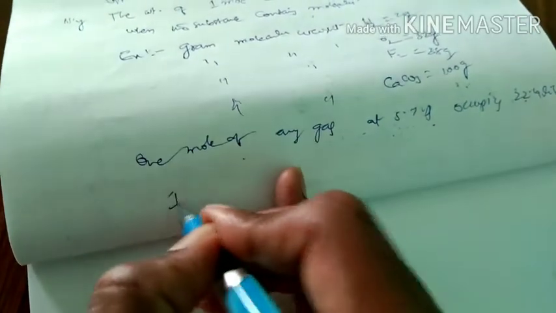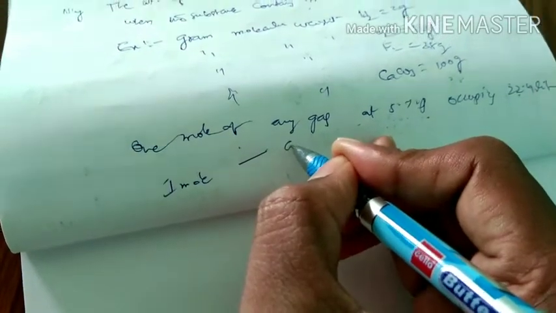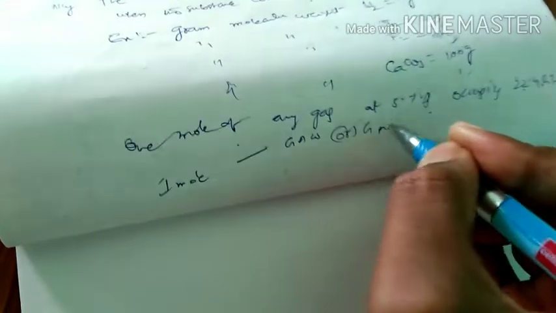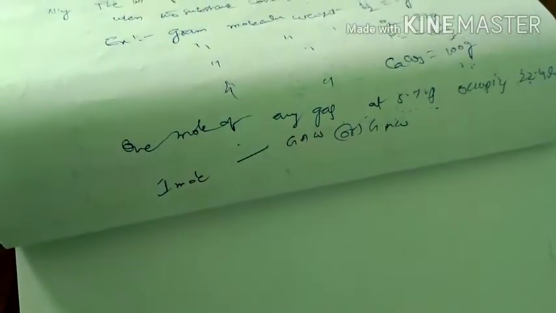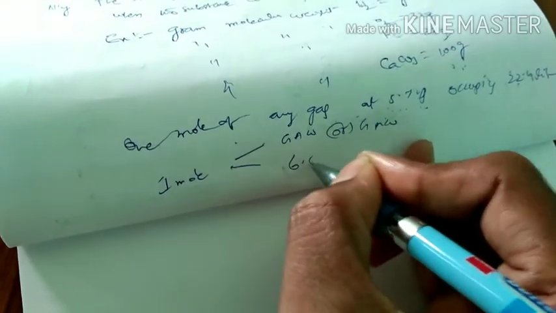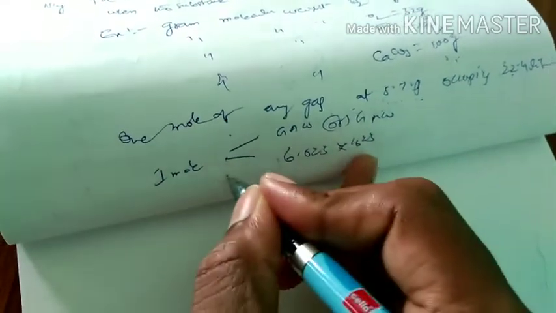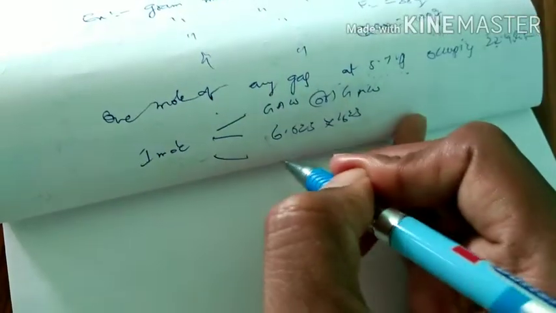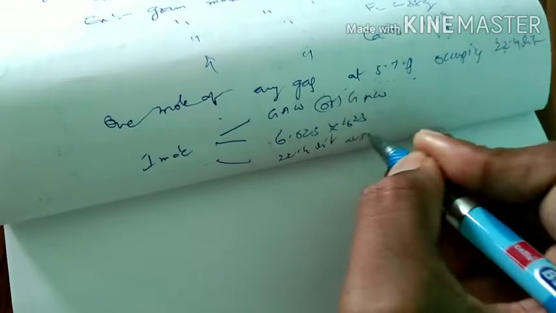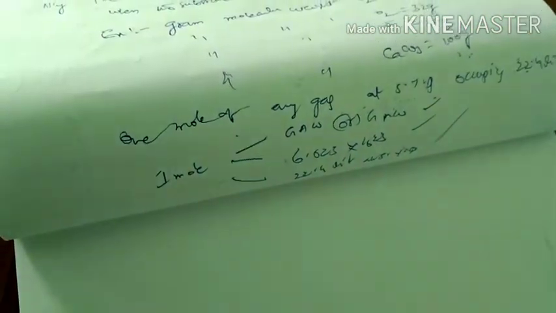So from this 1 mole equal to what? Gram atomic weight or gram molecular weight. That is one statement. 1 mole equal to what? Avogadro number 6.023 into 10 to the power of 23. Next, 1 mole of any gas at STP occupies how much? 22.4 liters at STP. These three are very important statements.